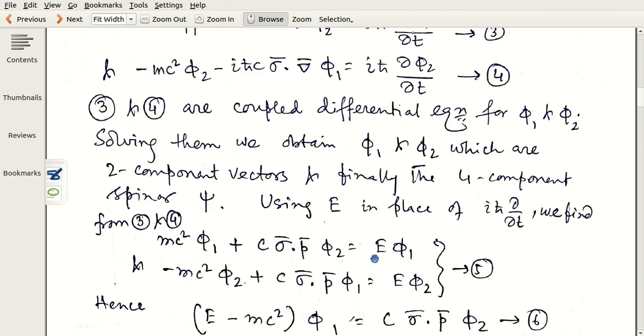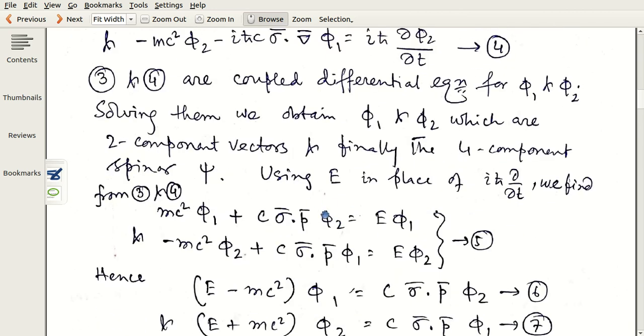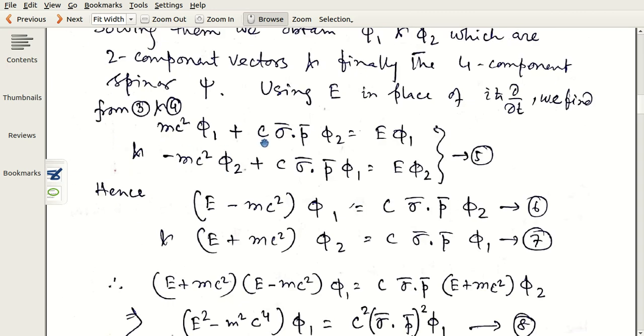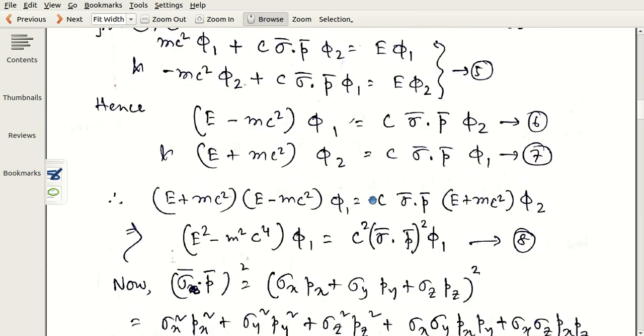So using p and E, we write equations 3 and 4 in a structured form this way, and then rearrange it to find (E minus mc square) phi 1 is c sigma dot p phi 2, and the other equation, with plus mc square, relates phi 2 and phi 1.